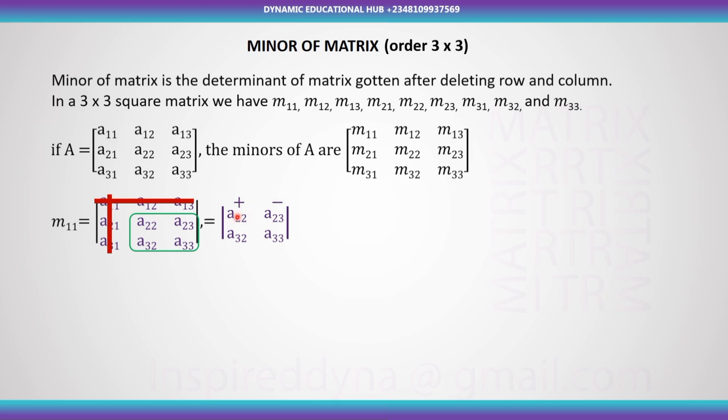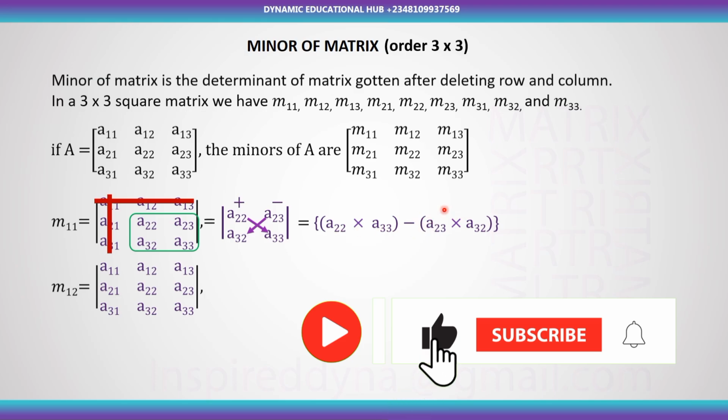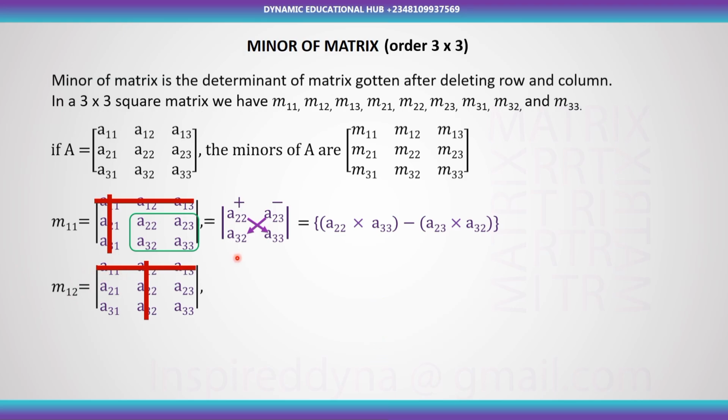If you haven't watched my previous video on determinants, this is high time for you to watch it. You multiply them together, this and this. Whatever value we get here is our M11. For M12, in the same way, delete the first row, second column.